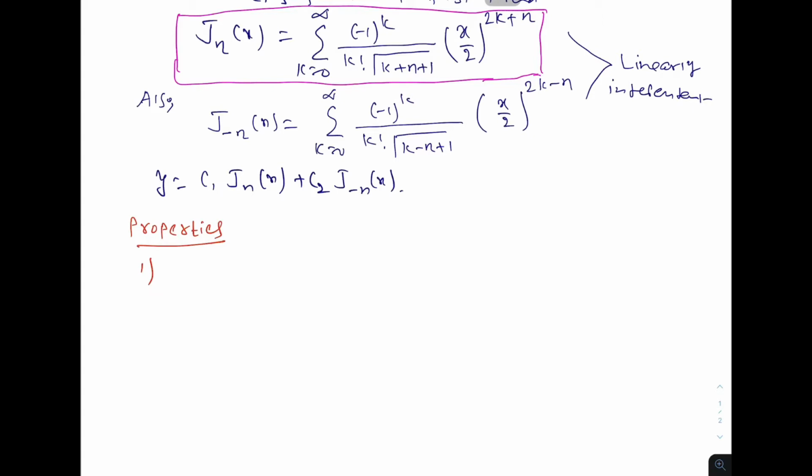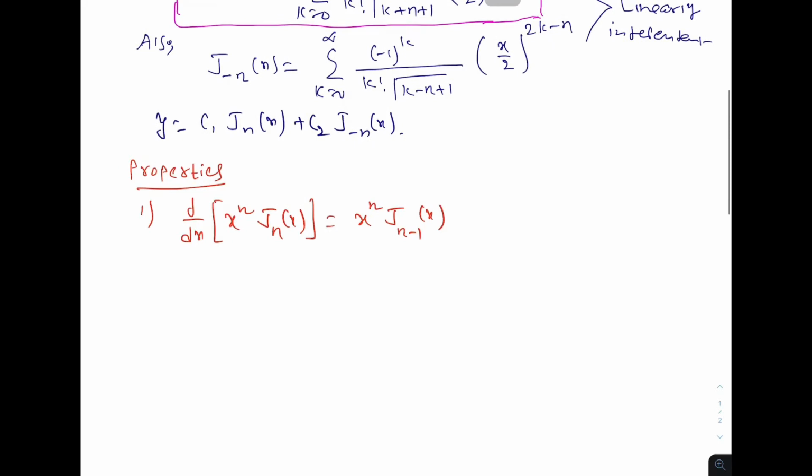The very first is d by dx of x power n Jn(x) equal to x power n J n minus 1 (x). Okay. Now let us prove this.